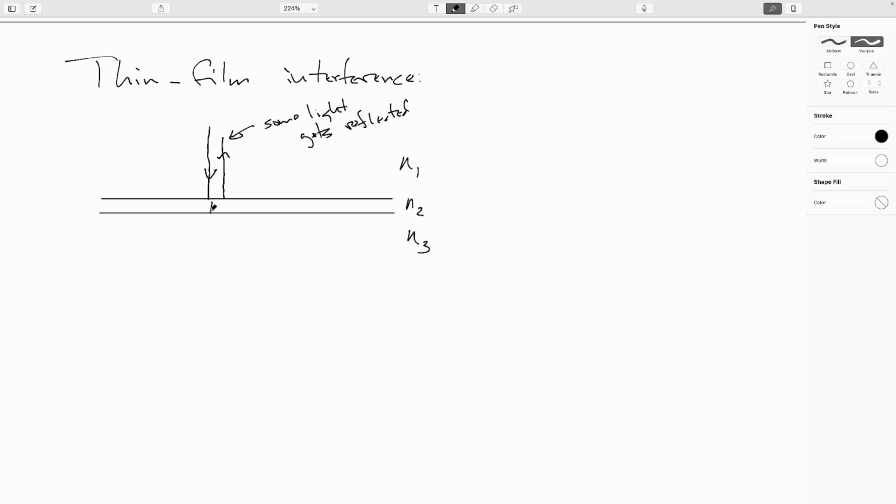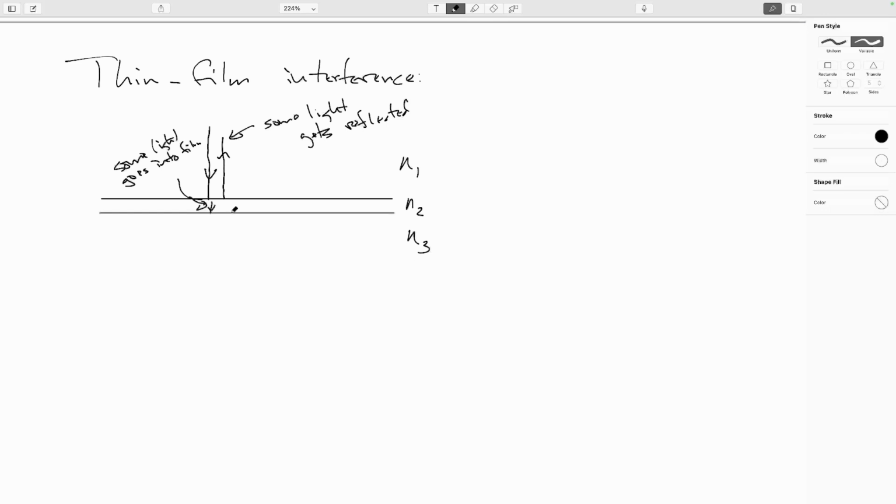That also means that some of the light gets transmitted into the film. I'll just say goes into film. And then we get to this surface, and it's going to be the same deal again.